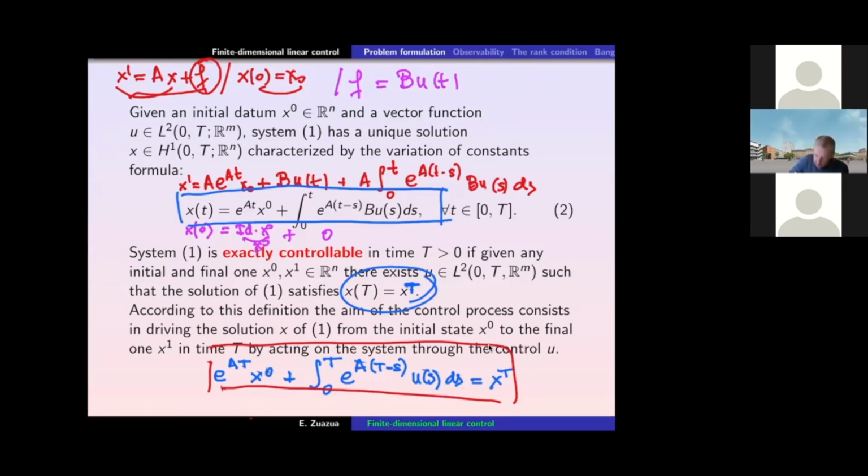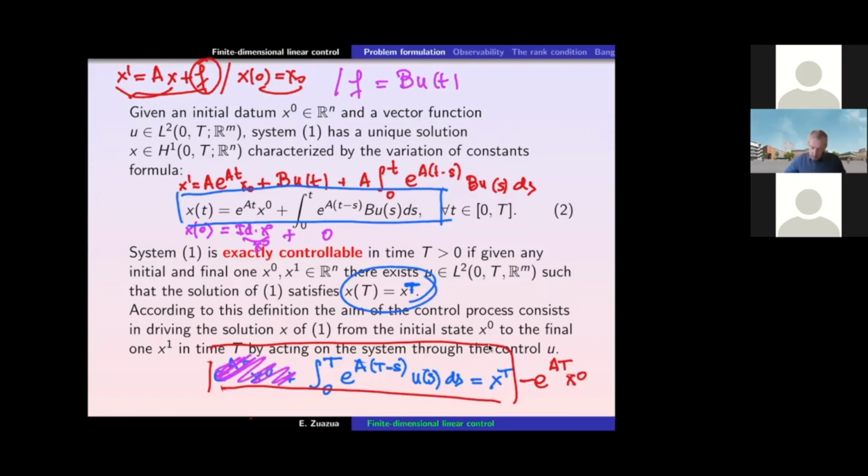So in this algebraic system, this term here is completely given. This is the destination to which the free dynamics will arrive. Okay? So if you want to, you can also put it here on the right-hand side as part of the target, and you can simply remove it from here.